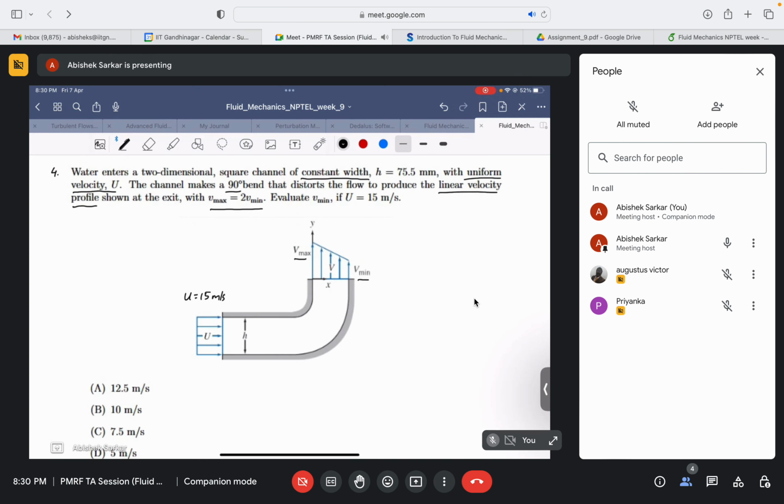I will not say it's a very tricky problem. It took me also some time to solve, but it's a bit more complicated than the previous ones, because now there is a bend in the pipe. So you need to choose the control volumes again and then apply the conservation principle.